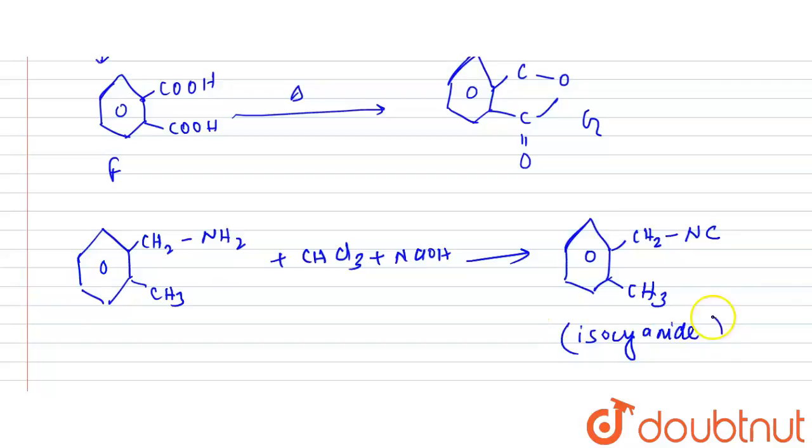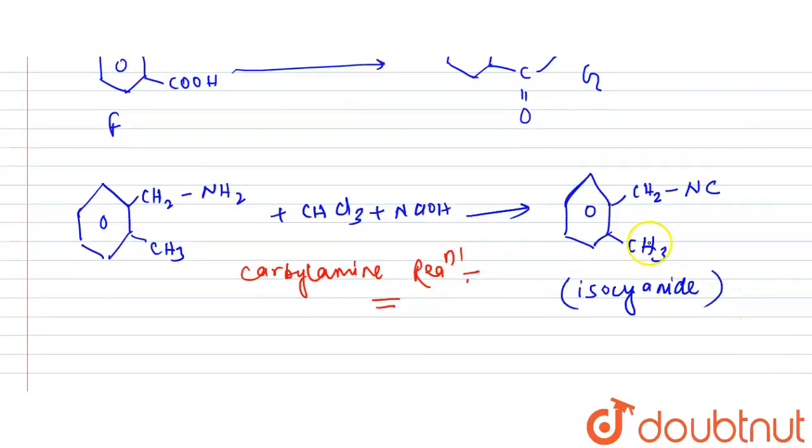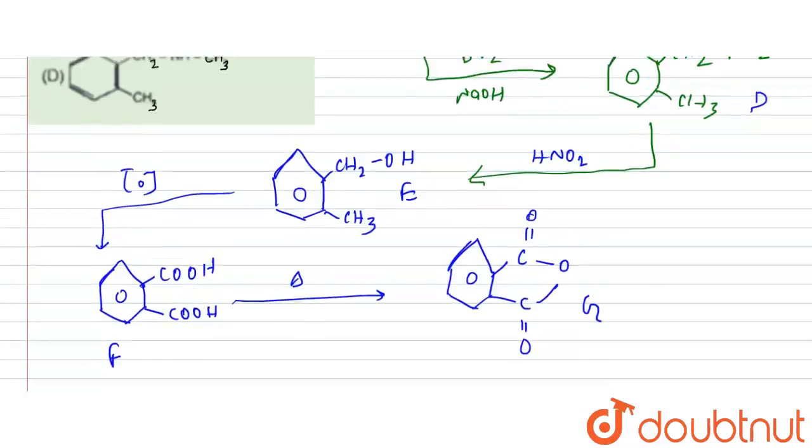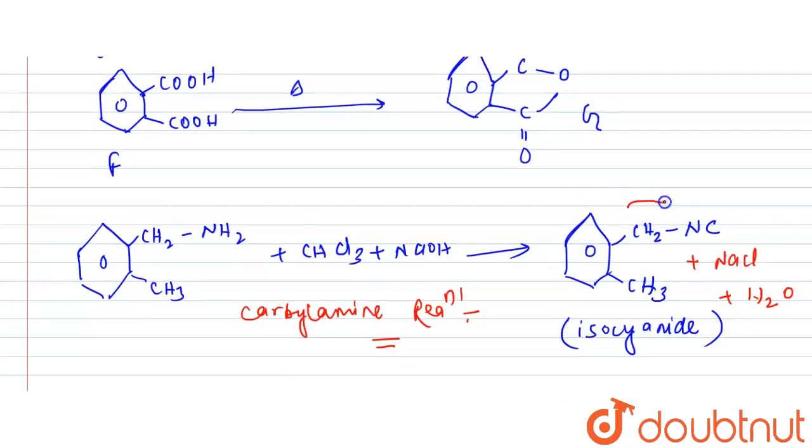So this is a very well known reaction called the carbylamine reaction, where if you treat a primary amine with chloroform and NaOH, it gets converted into isocyanide, and along with it you have the formation of NaCl, and H2O is also released. So finally the major product is isocyanide, where CH2NC is like this, right?